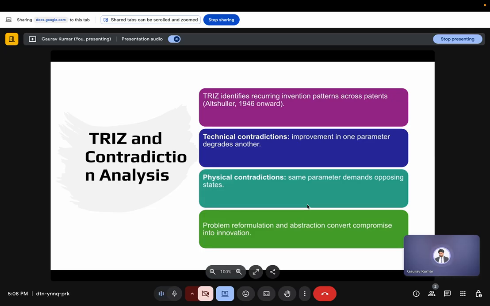Two main categories of contradictions define most design challenges: technical contradictions and physical contradictions. A technical contradiction occurs when improving one attribute of a system, such as strength, leads to the deterioration of another, such as weight.